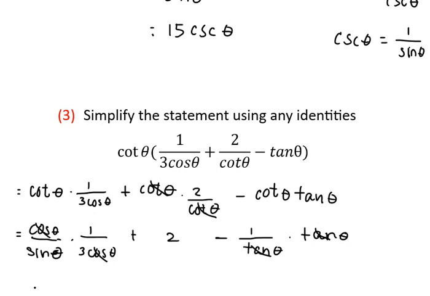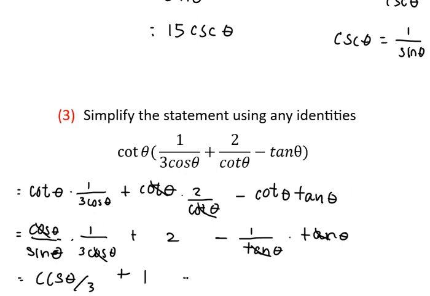So what we have here is 1 over 3 times cosecant theta, that is, cosecant theta over 3, plus 2 minus 1, which is 1.